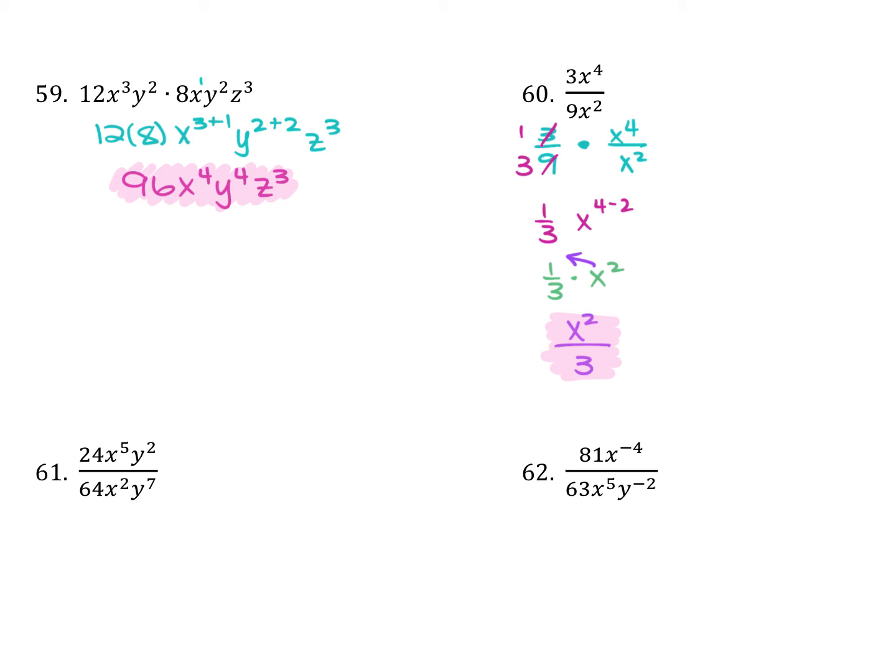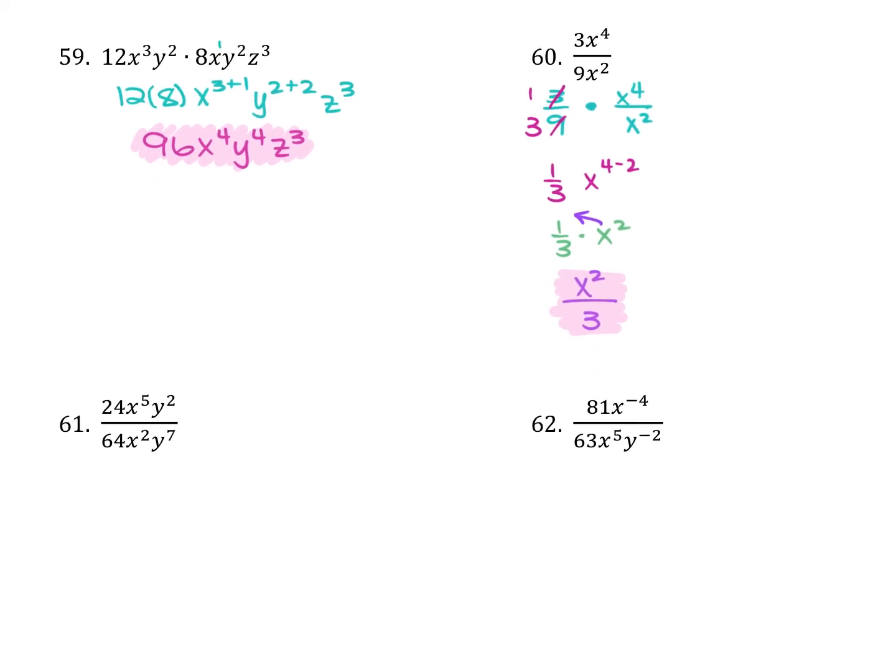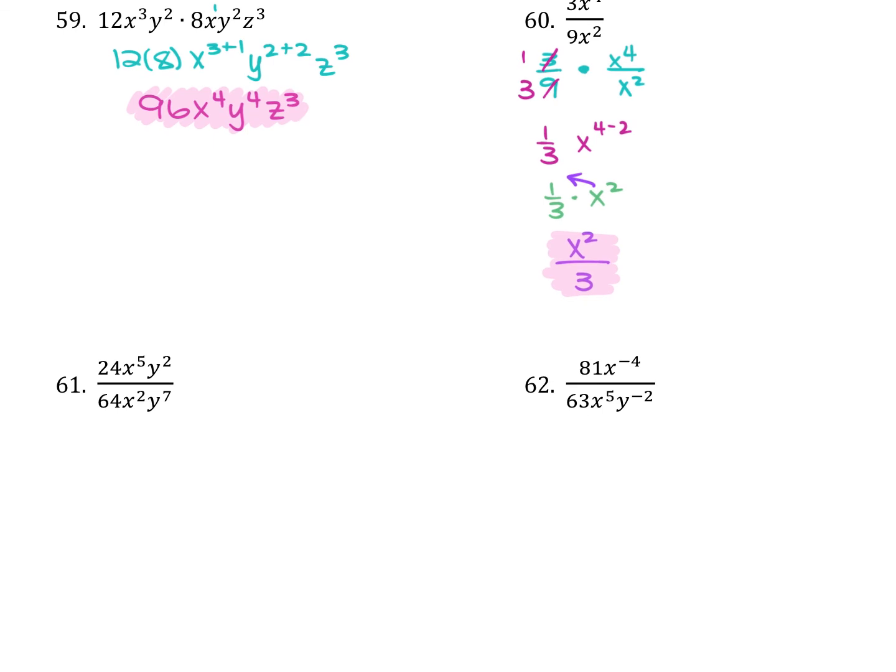For 61, you have 24x to the 5th power y squared over 64x squared y to the 7th power. For this one, you can write it as 24 over 64 times x to the 5th power minus the 2nd power times y squared minus the 7th power.